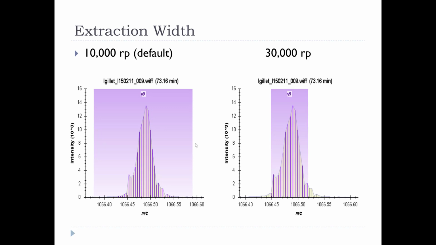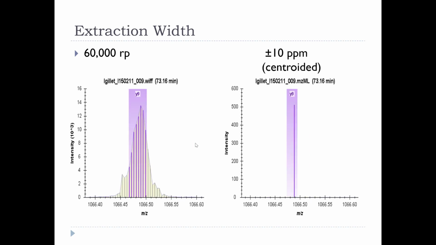So right off the bat, Mike and I really believed that in profile mode data, you wanted to extract all the ions that you could. And so we would have said 30,000 resolving power got us that.